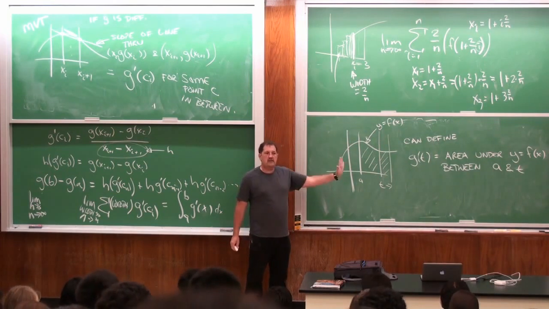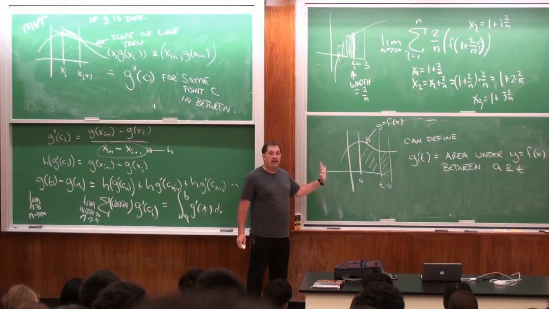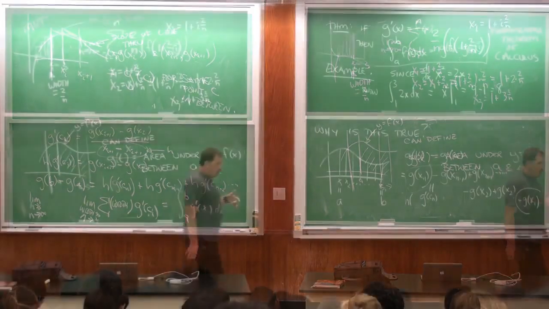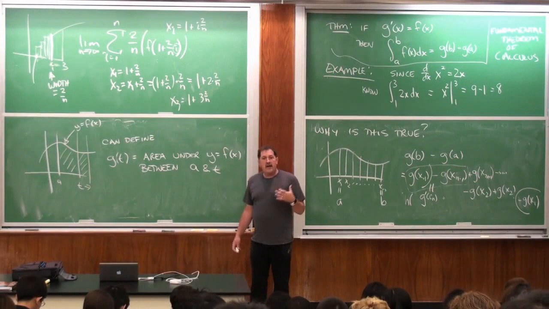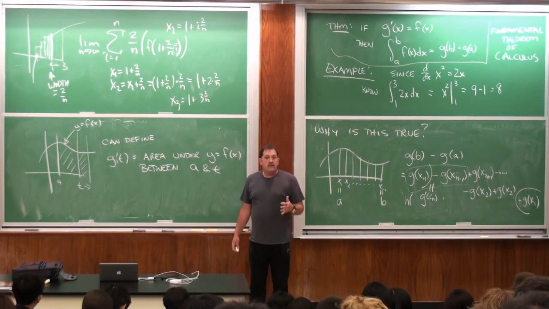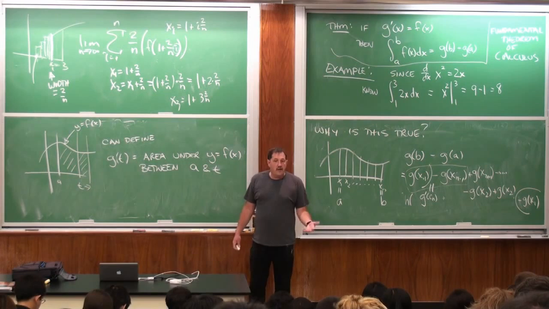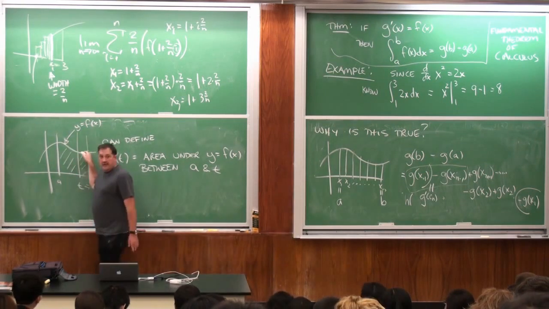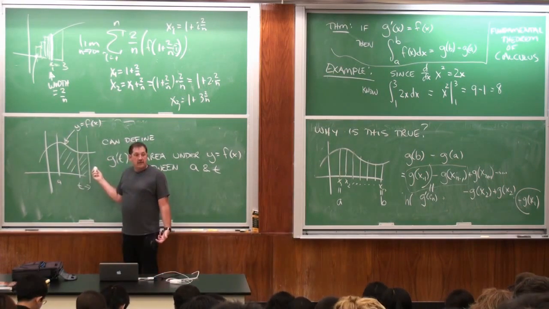I go a certain distance, t, and then I stop. So an example of this, we know from physics that the derivative of position is velocity. The derivative of velocity is acceleration. You can think of this as being the graph of the velocity, and I want to know the position.